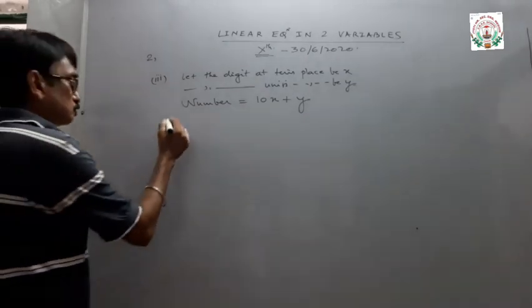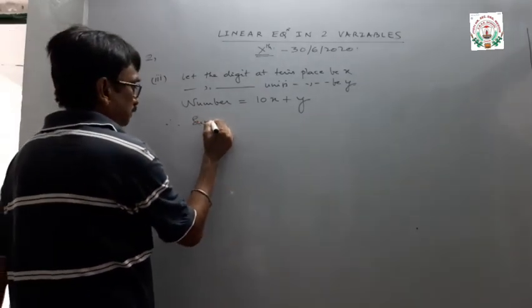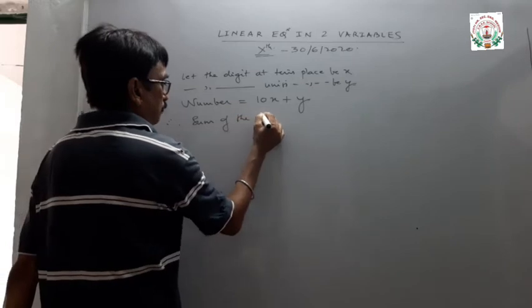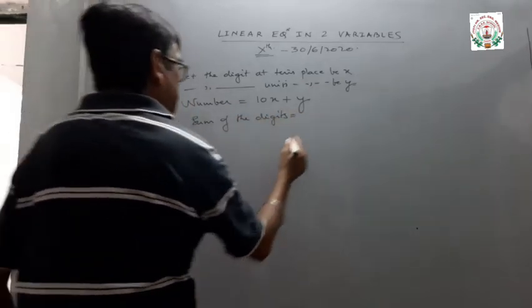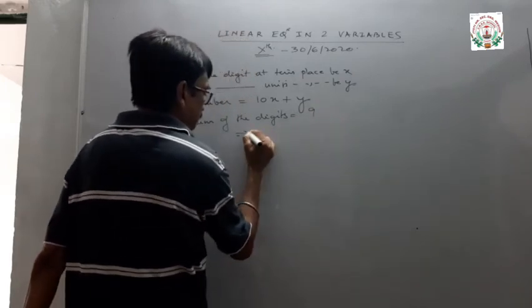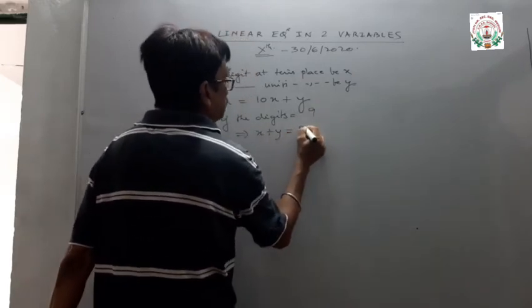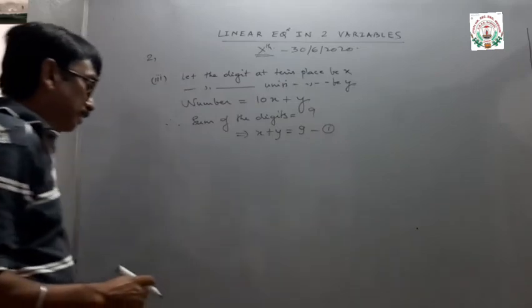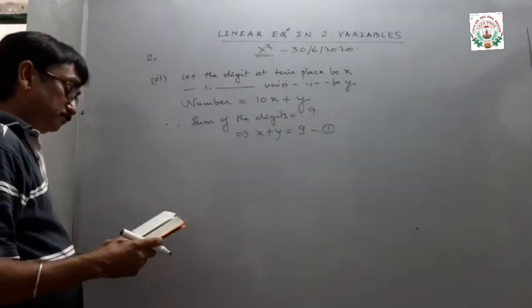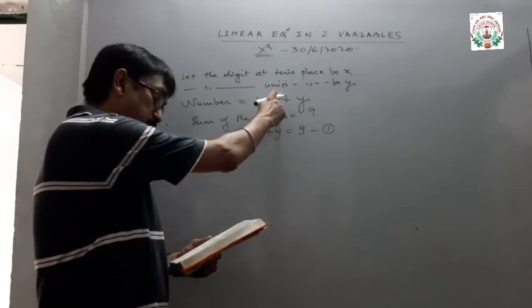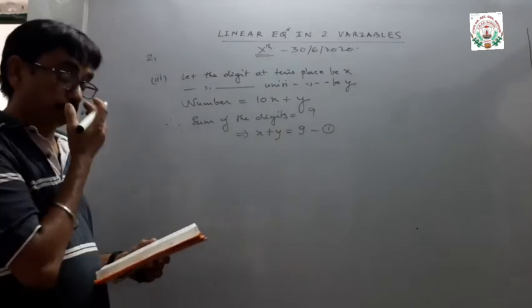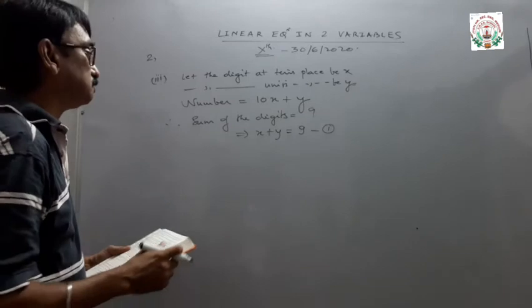So according to the question, the sum of the digits is given to us, that is 9. So we get an equation x plus y equals 9. And now according to the question, 9 times this number 10x plus y is twice the number obtained by reversing the order of the digits.